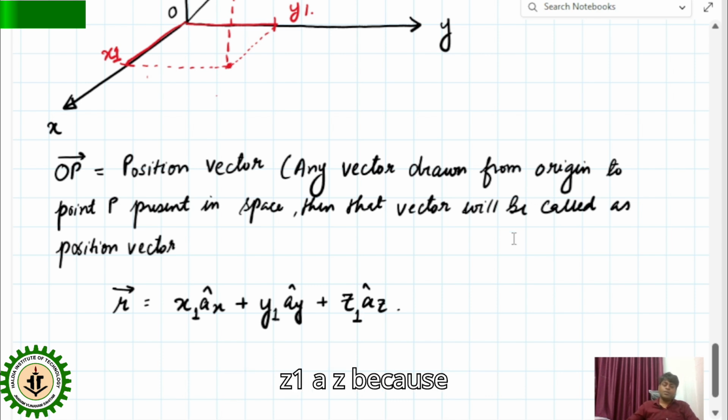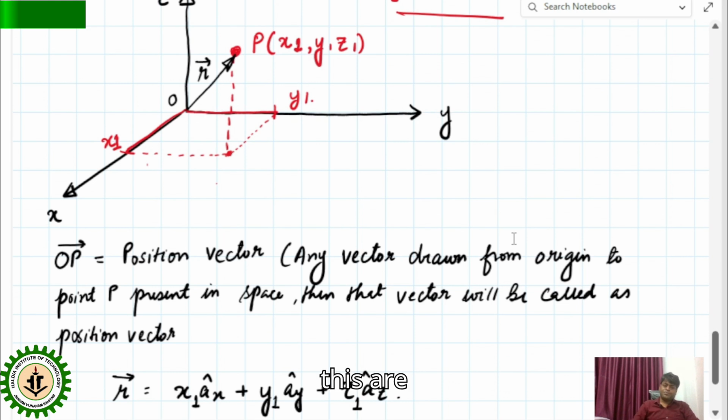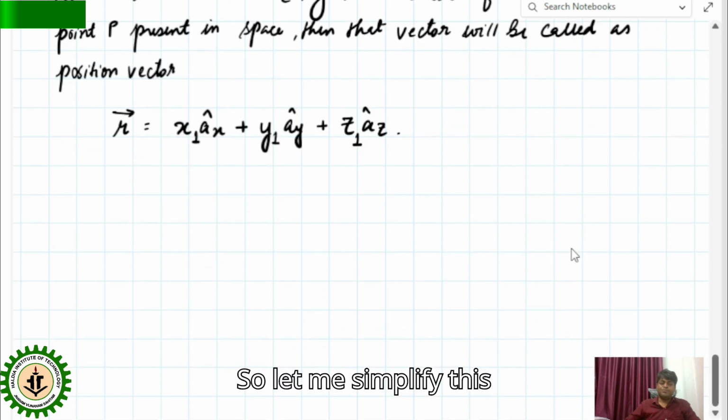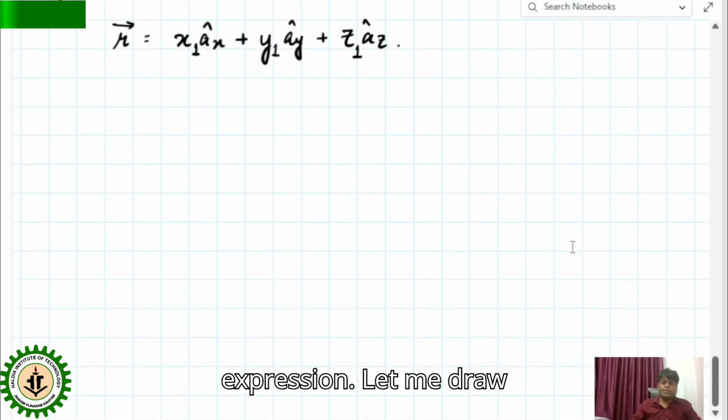Okay, because this r. So let me simplify this expression.